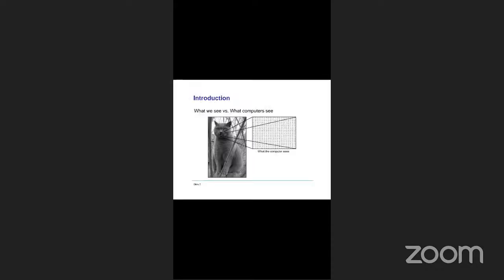You can see here the cat, whatever you see with our eyes and how the computers will see. I'm showing the cat because most of the neural networks and image coding techniques nowadays are based on biological processes.